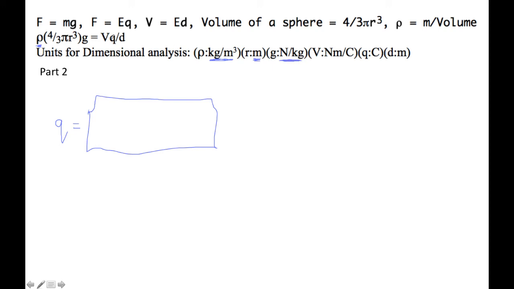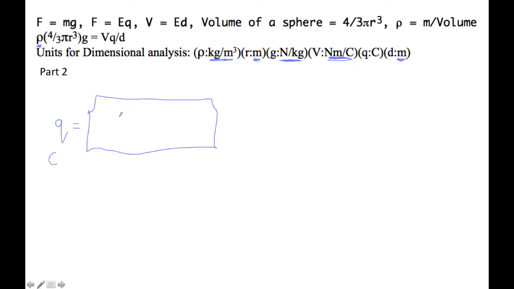Wherever you see the voltage, it's joules per coulomb, but I made it Newton meters per coulomb. This is a real help, right? Ultimately, we'd have to bust this down into kilograms and meters and seconds and stuff like that. I'm just trying to make it easier for you. The answer should come out in coulombs, right? Okay, and then wherever you see the D, substitute the symbol for the D with M, okay?